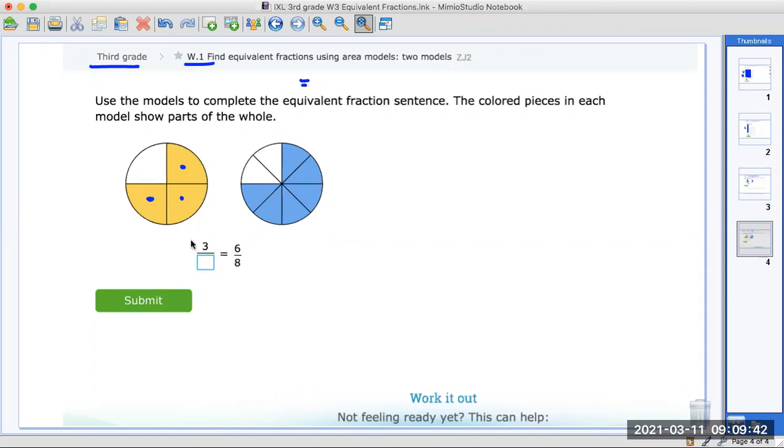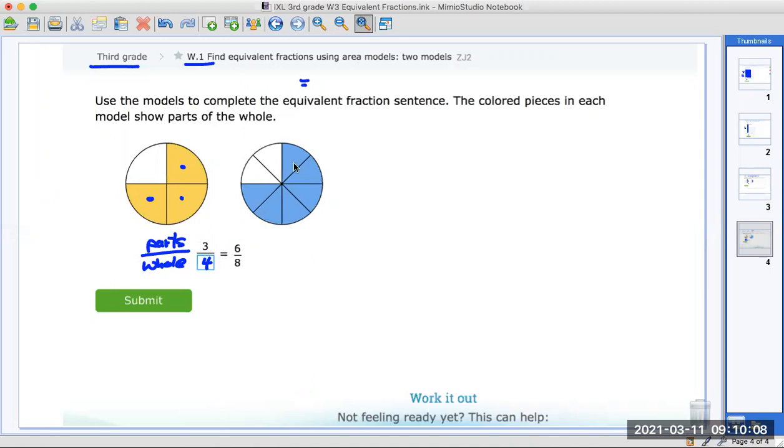So I'm looking at my first fraction. I got the parts that are colored in on top. The parts are always on top of my fraction and the whole or total parts are on the bottom. So there's 4 in all, and 3 of them are shaded in.